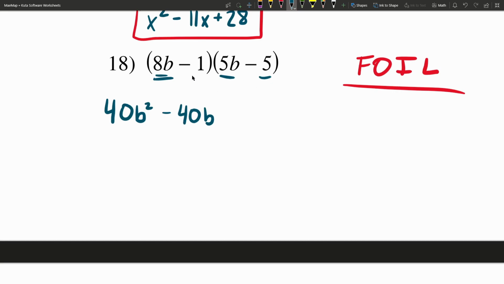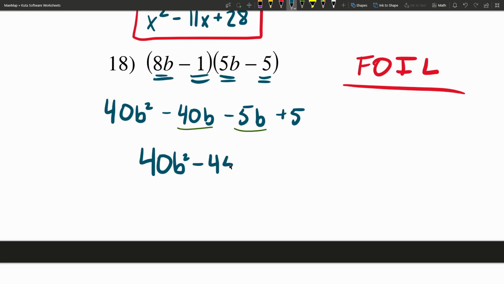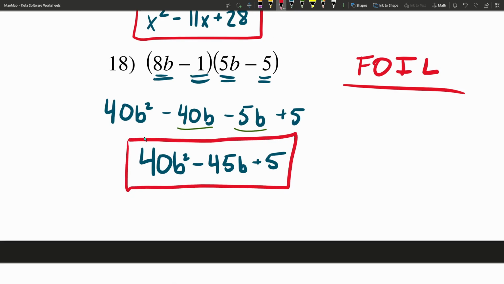Then our inside terms, negative 1 and 5b, which will be, when multiplied, subtracting a 5b. And then lastly, negative 1 and negative 5, which will result in a positive 5, so adding 5. Last step is to combine those like terms in order to simplify. So we're going to have 40b squared minus 45b plus 5. And there we have it. That's how you multiply two binomials.